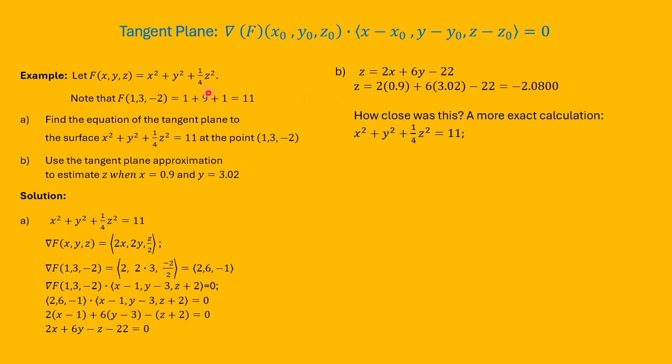Well, if we go back to the original function that we have here, actually this equation right here, we could solve this for z pretty easily. We'd have 1/4 z squared equals 11 minus x squared minus y squared, and then you could solve that and get that z is minus the square root of 44 minus 4x squared minus 4y squared.